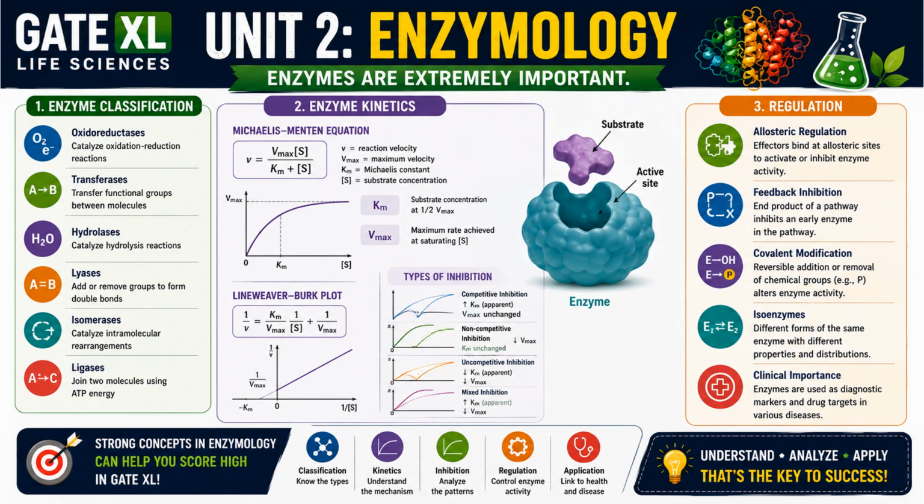Also prepare the enzyme regulations. There are different types of regulations like feedback inhibition, allosteric regulations, cooperativity, covalent modifications, isoenzymes, and their clinical importance is very important. And in this case, you should also practice numericals, and some graph-based questions are very common.